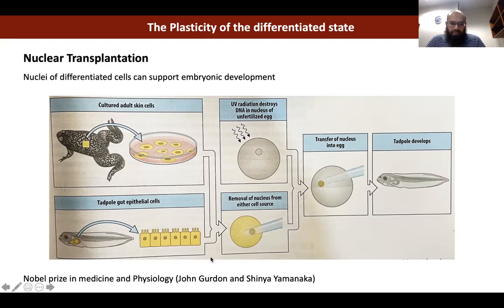And for this discovery, two scientists received the Nobel Prize in Physiology or Medicine in 2012, for showing that somatic cell nuclear transfer can create life, basically.